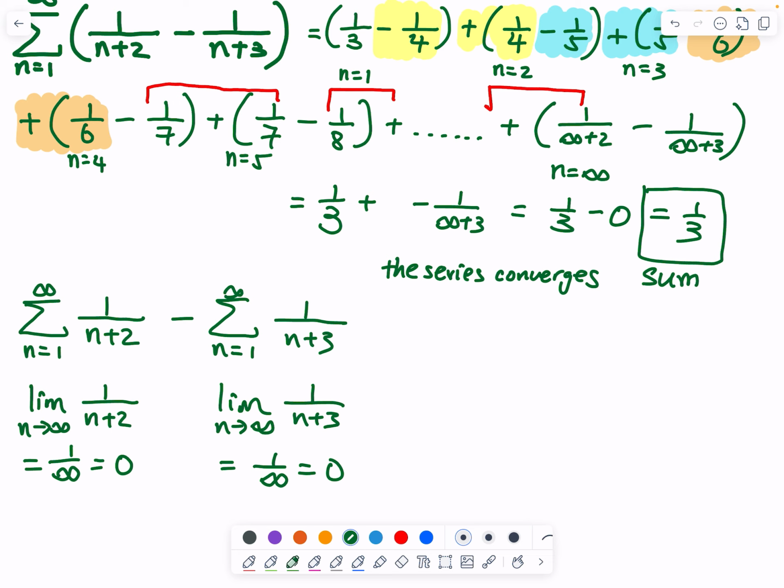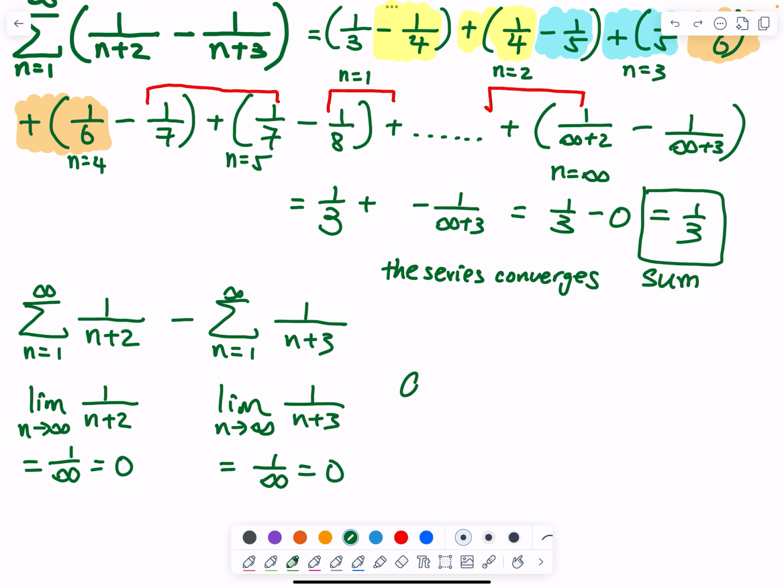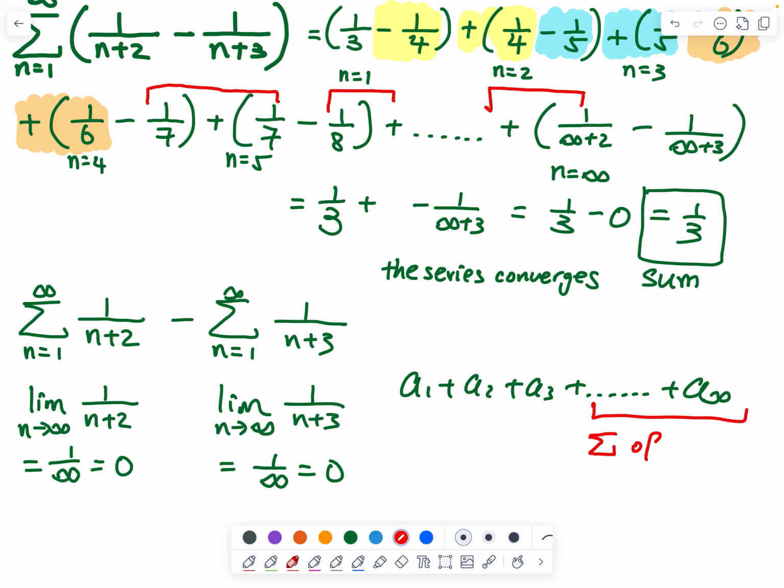What that means is, with the nth term test, you write out every single sum. You write out A1 plus A2 plus A3, and then you keep on adding until you reach A infinity. So you are looking all the way to the right. When n is very large, you have a 0, so this is a sum of many 0s.